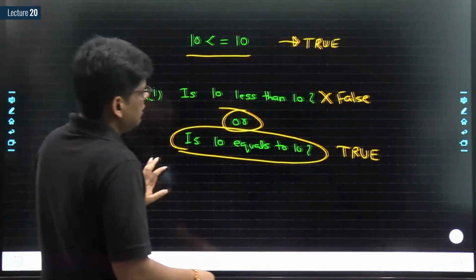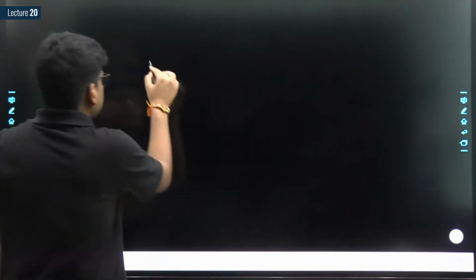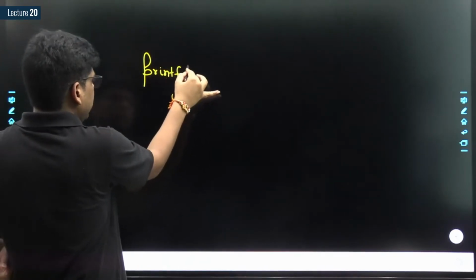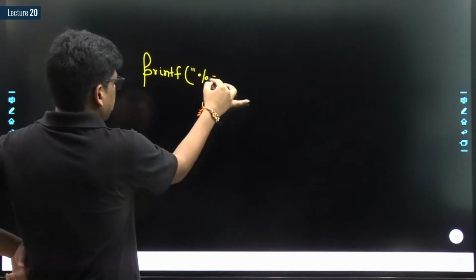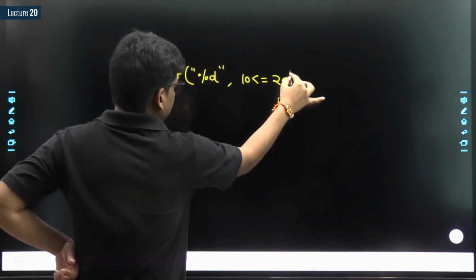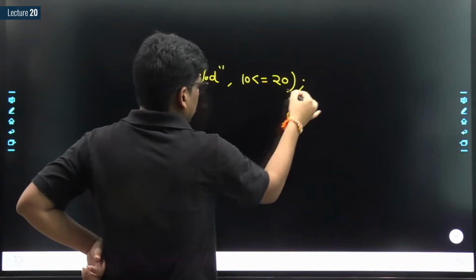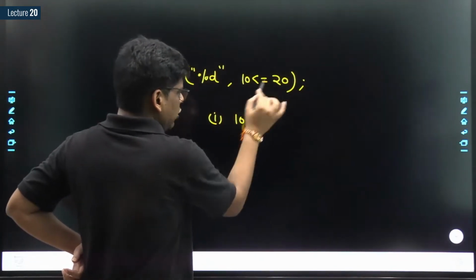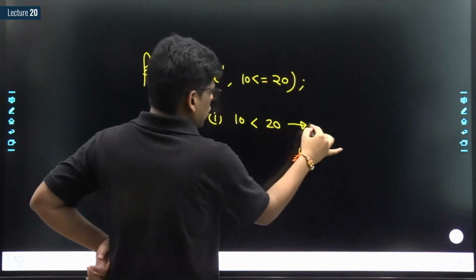Okay. That means, sir, if someone asks me printf percentage d 10 less than or equal to 20, is it true? Sir, of course, 10 is less than 20, that means it is true.